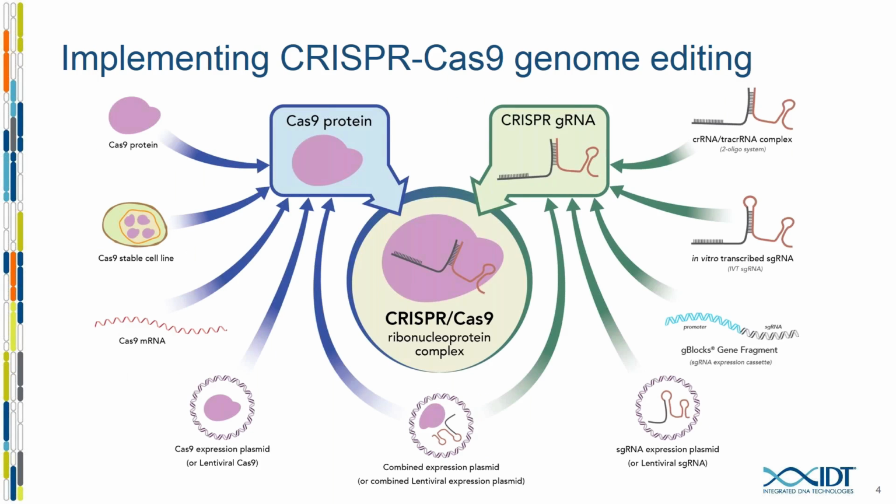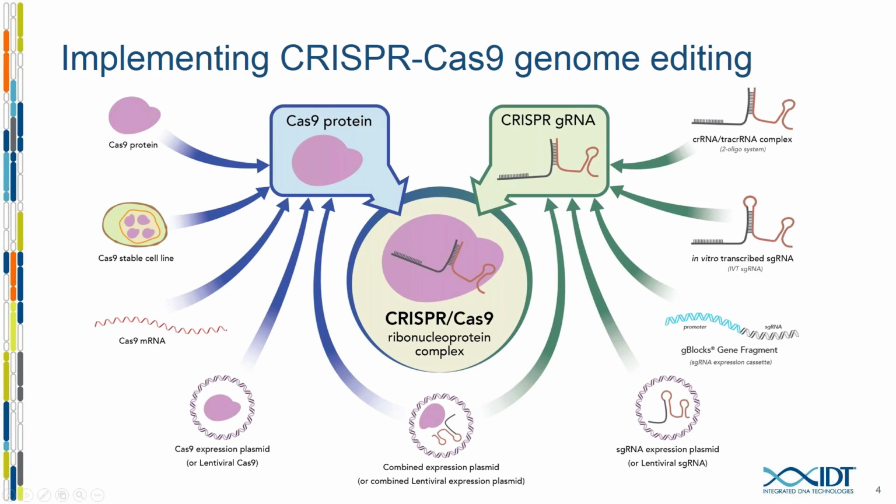So getting started with CRISPR, if this is your first CRISPR experiment coming up, it can be a bit overwhelming because we have so many different ways that you can actually implement CRISPR-Cas9 genome editing. Overall, the goal is to be able to get Cas9 protein and a guide RNA to complex together into that ribonucleoprotein complex.